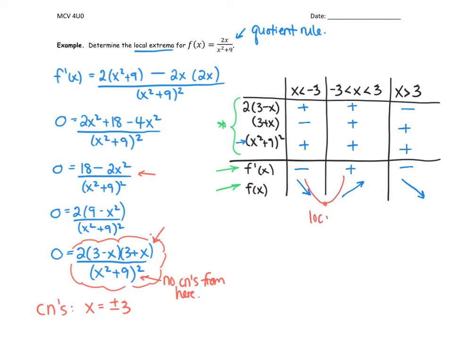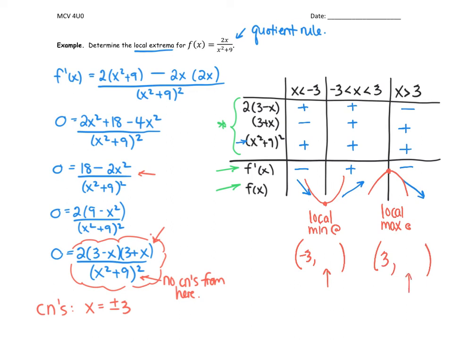This is a local min. Okay, where is the local min? It is when x is -3 and you have to find that y value over there. Here we're going from increasing to decreasing. So we have a local max. Okay, where the local max is at 3, comma, you have to find that y value there.